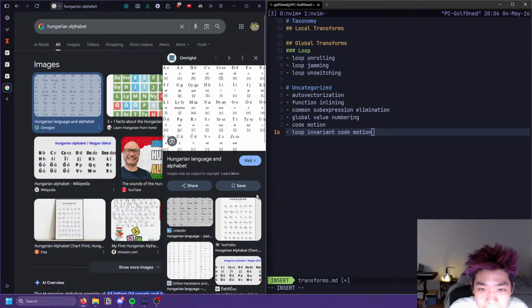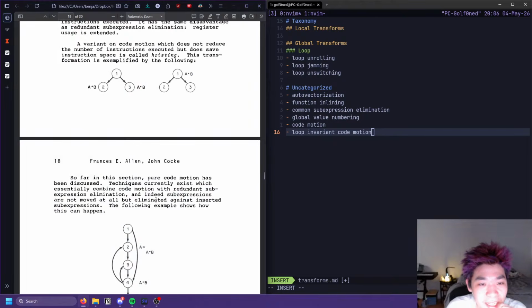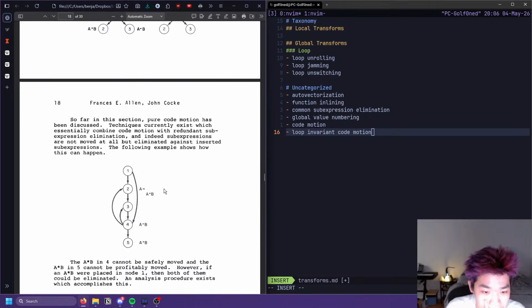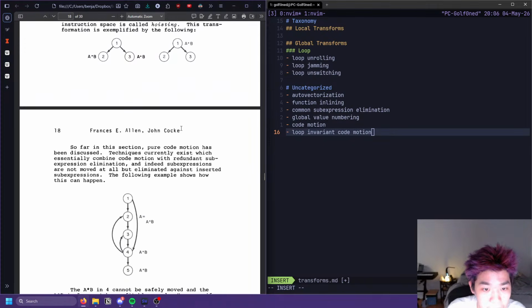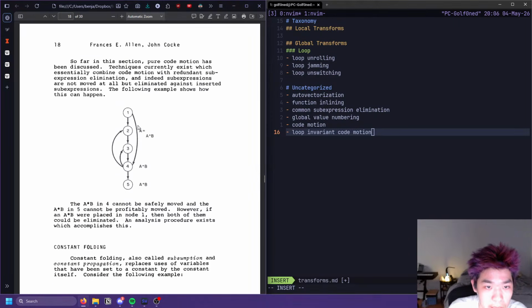Hungarian alphabet. Ah, that's a lot more characters, a lot more combinations of characters than I'm used to. Let's see. Okay, so I believe this just composes a bunch of transforms.